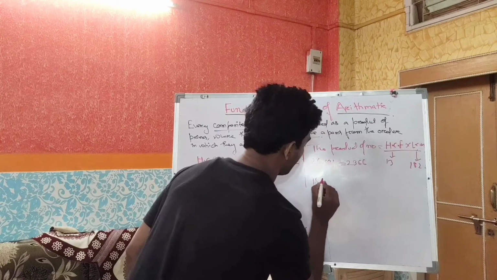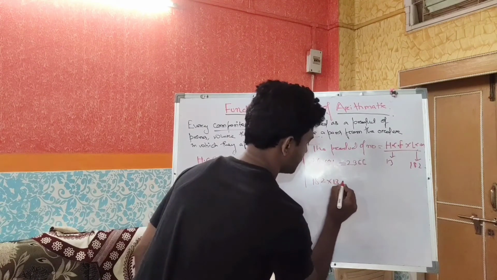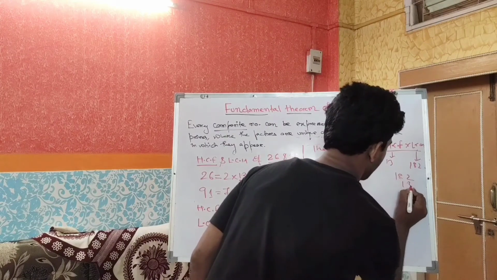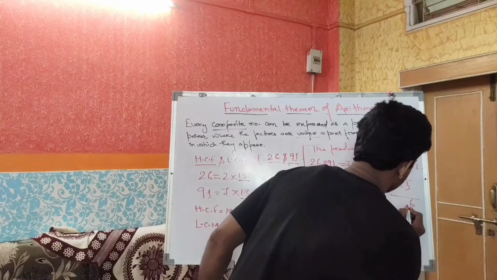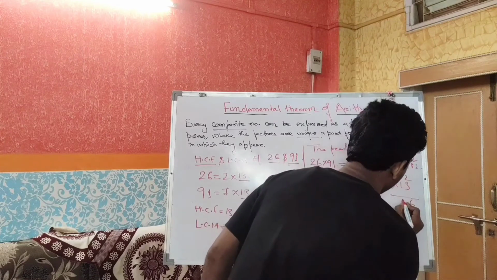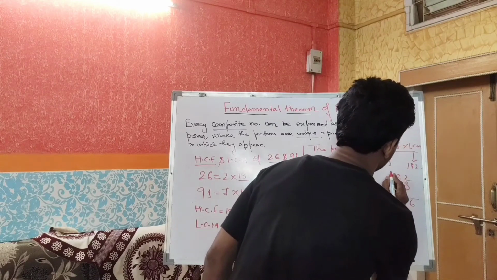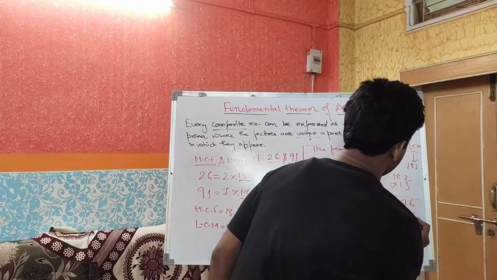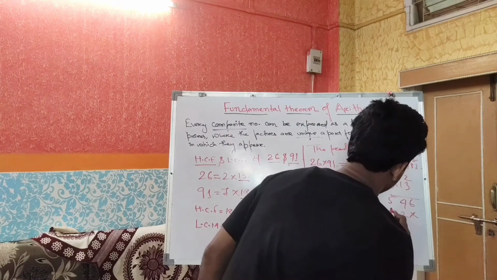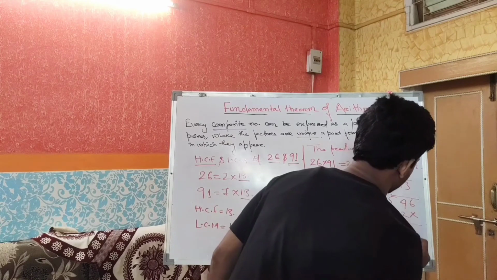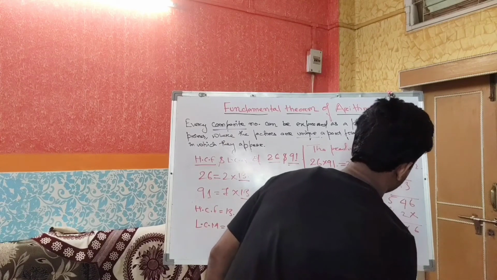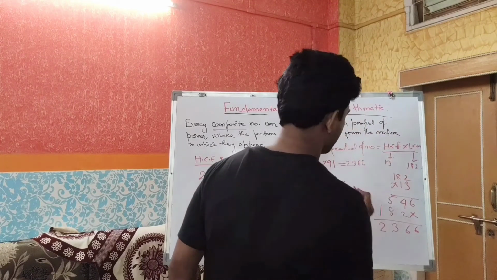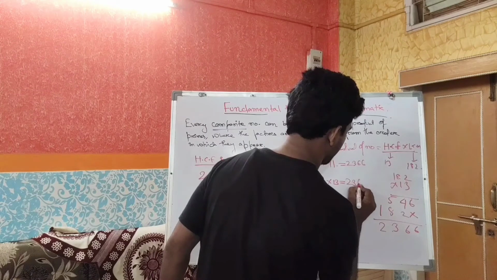So let us multiply 182 with 13. 3 times 2 is 6, 3 times 8 is 24, carry 2, 3 times 1 is 3, plus 2 is 5. Then 1 times 2 is 2, 1 times 8 is 8, 1 times 1 is 1. Adding up gives 2366 as well.